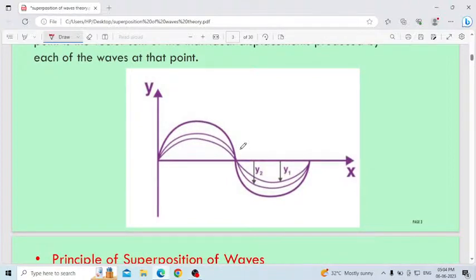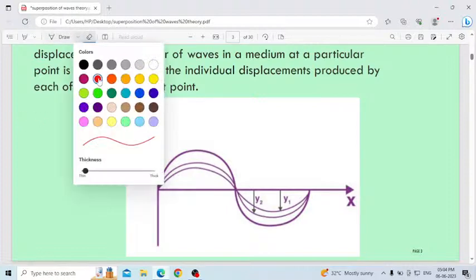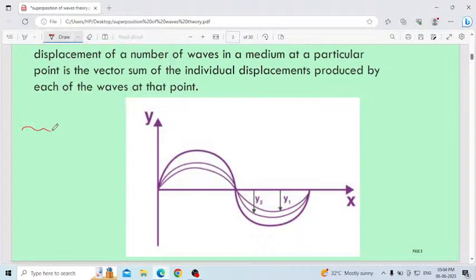I already mentioned superposition of two waves; they may travel in the same direction and get superimposed. Assume two waves, consider this is wave y1, this is wave y2. When they are traveling in the same direction like this, both will get superimposed at a point.